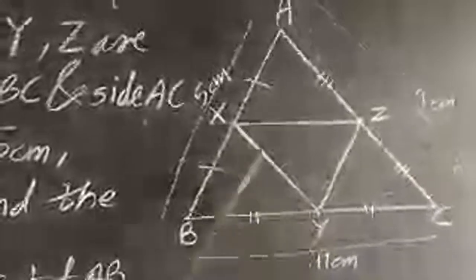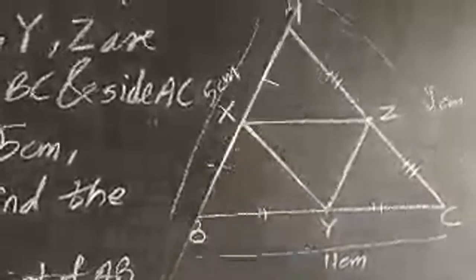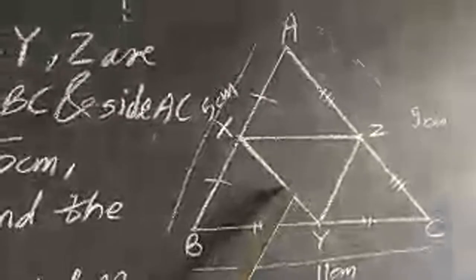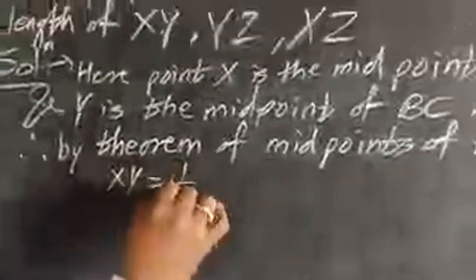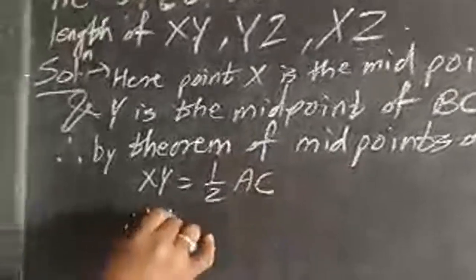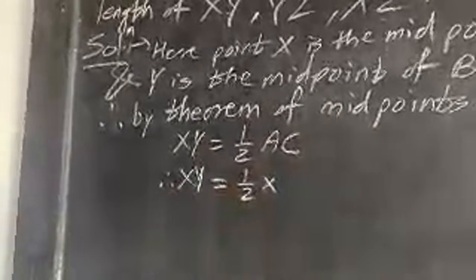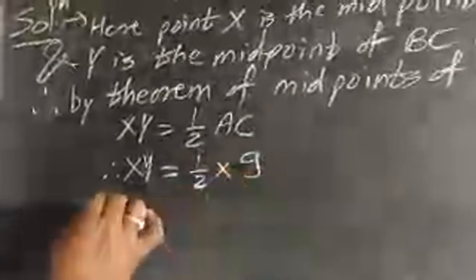The segment joining the midpoints of two sides of a triangle is half of the third side. That is, XY is equal to half of AC. Therefore, XY is equal to half into the length of AC, which is 9.